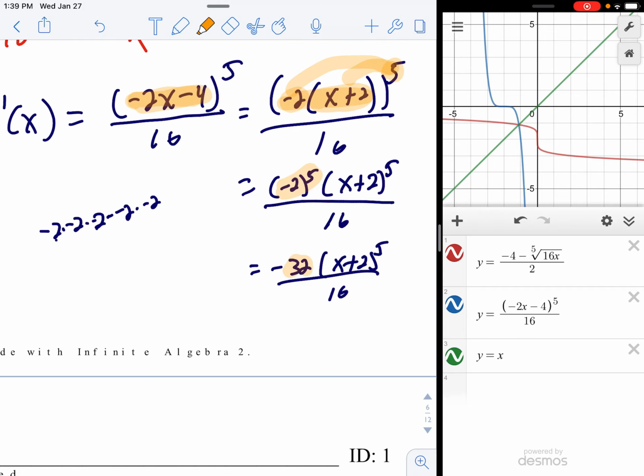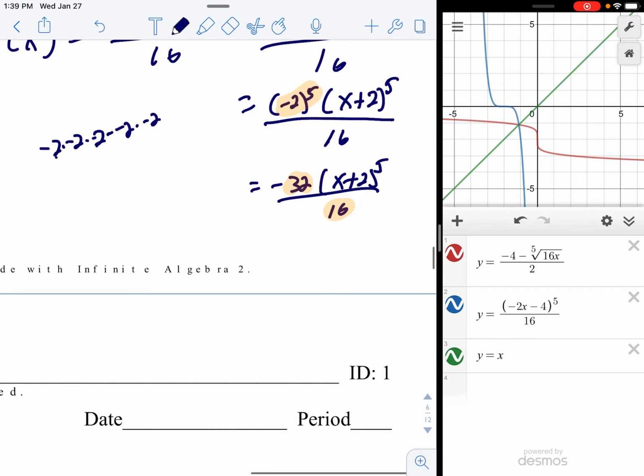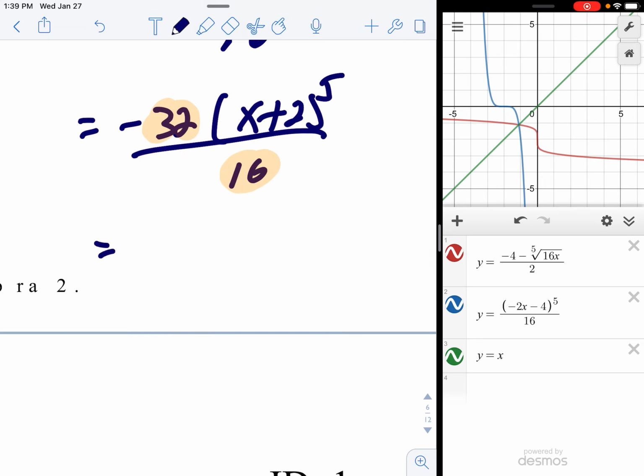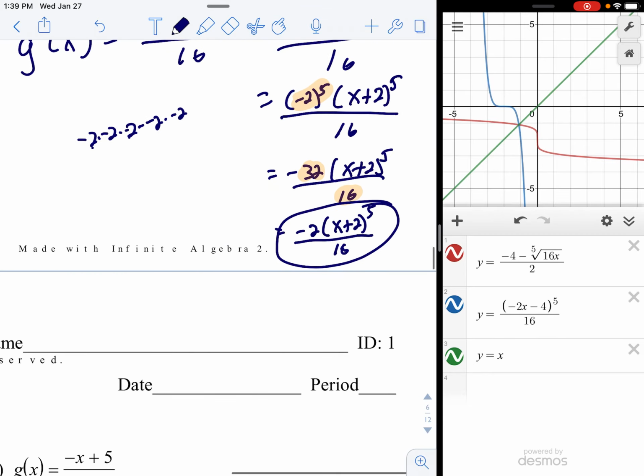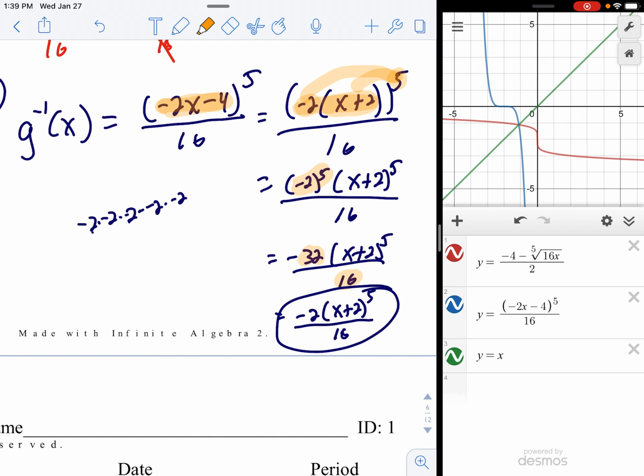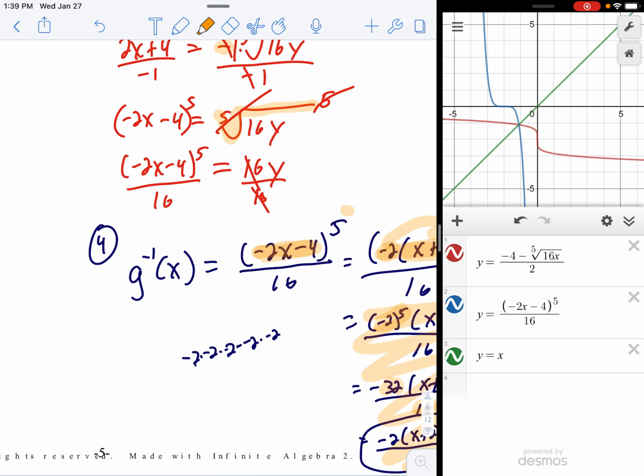Negative 32 can be divided by 16. 32 divided by 16 is 2. So that gives you negative 2 (x plus 2) to the 5th over 16. And this is the answer that they got down below. I would not expect you to do all of this work. So you keep your answer like that, and you're good.